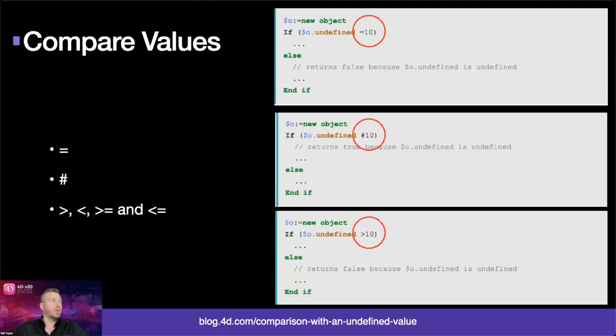The not equal to 10, if you ask for the object to be not equal to 10, for example, that's actually going to return true because it's undefined. And in the same vein, greater than, less than, or equal to, those all will return false as well, because it's not any of those operators.